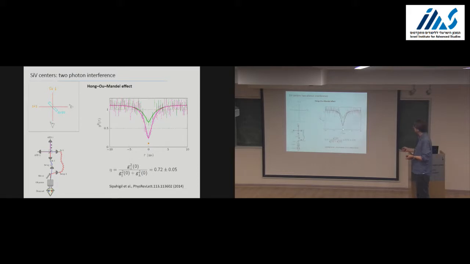For two color centers with indistinguishable emission, you get a drop of the coincidence rate close to 0. The contrast of these G2 function measurements gives you a measure of the indistinguishability. In this case, it was about 72%.